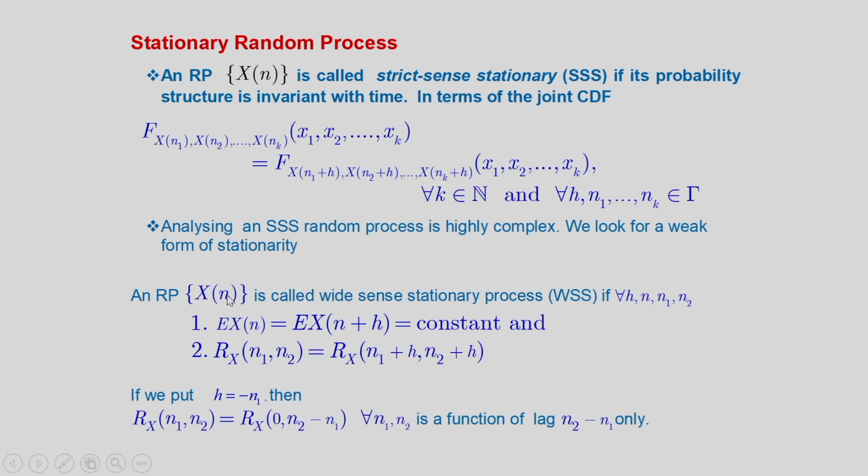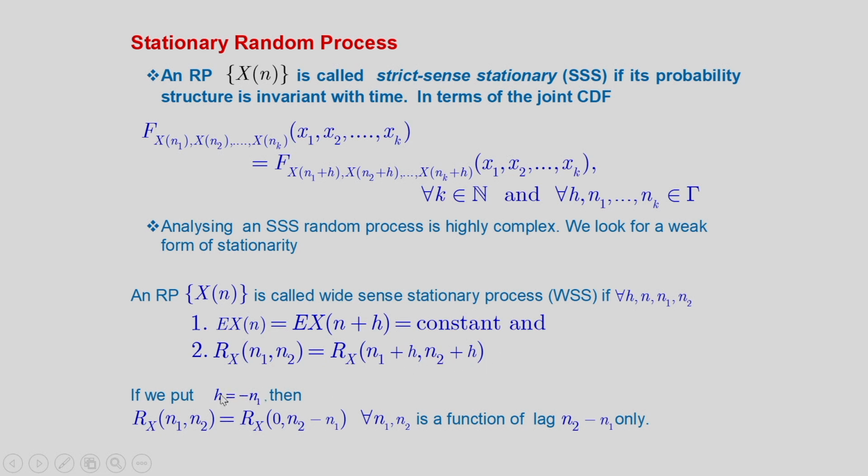A random process Xn is called a wide sense stationary process, WSS, if for all h, n, n1 and n2, number 1, E of xn is equal to E of xn plus h. So, at two instants of time the average value is the same, that means the average value must be a constant. Number 2, Rx of n1 and n2 is the same as Rx of n1 plus h, n2 plus h. This is for all h.